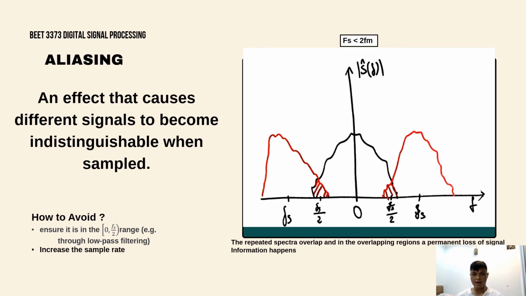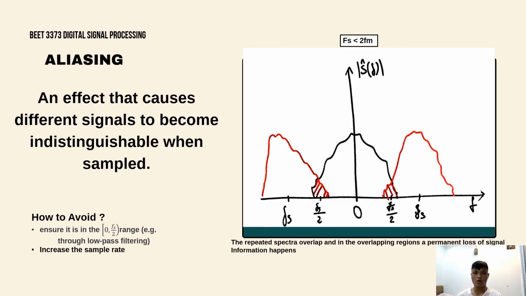So what happens if our sampling frequency is less than 2 times the Nyquist frequency? This will lead to the aliasing effect. What is aliasing? It is an effect that causes different signals to become indistinguishable when sampled.